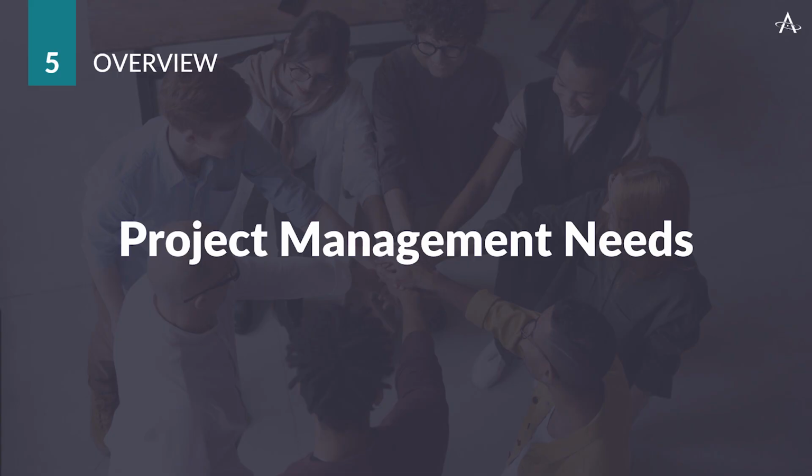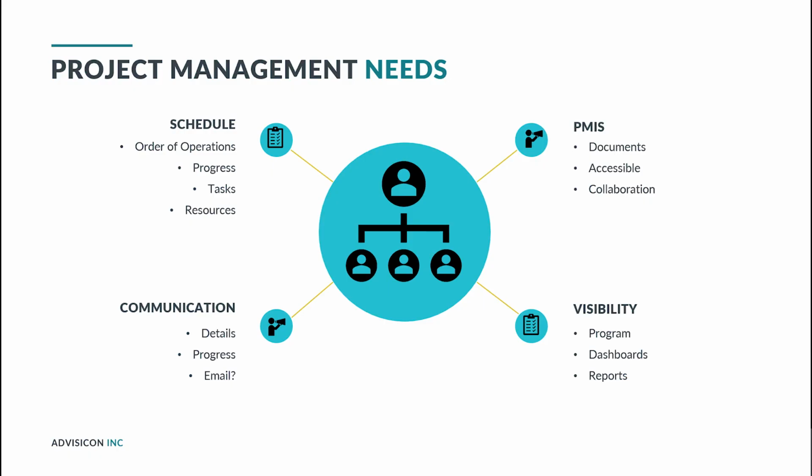All right, while this may not be comprehensive, we want to look at just some high-level things a project manager might need for their project. Let's start with a schedule. The schedule is supposed to be an order of operations, if you will, to borrow that from math. We want to see the order, the dates and durations for the tasks set before us in order to complete this project.